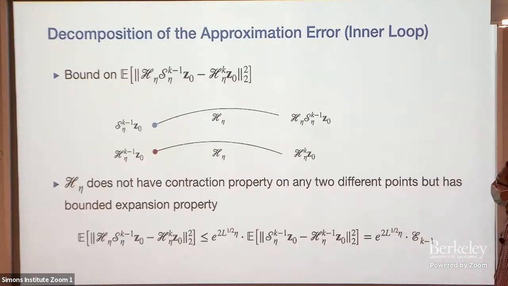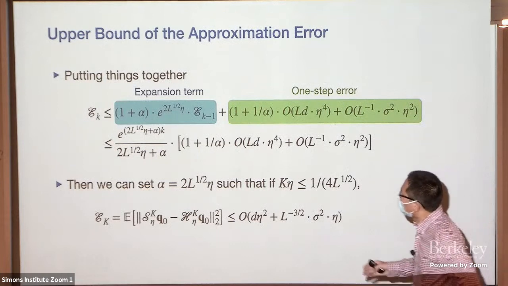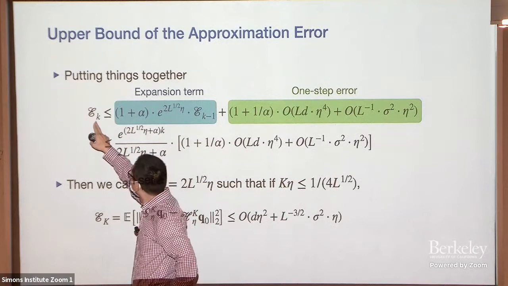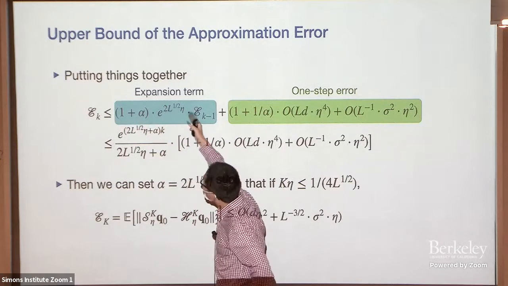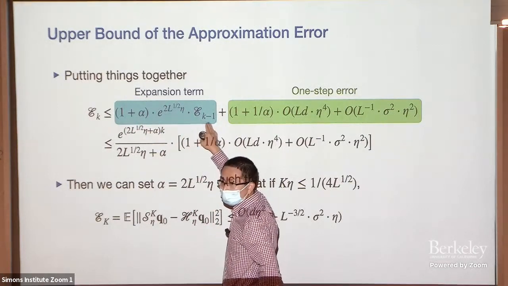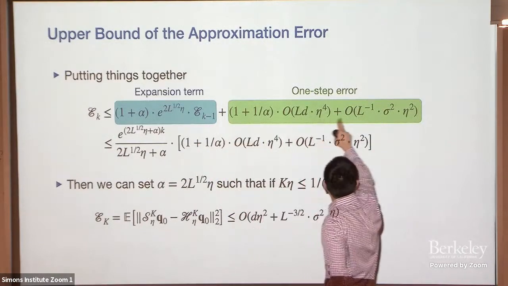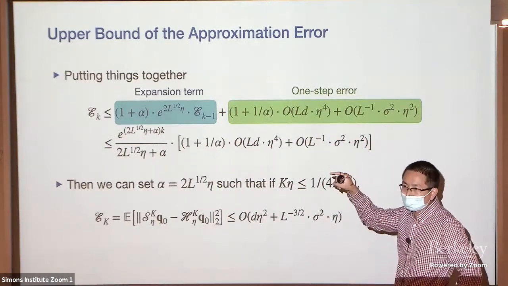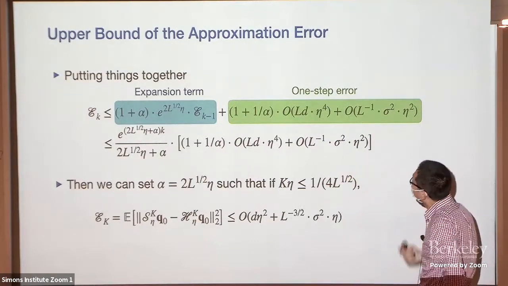By putting these several pieces together, the approximation error after K leapfrog integration steps is upper bounded by this expansion term, which depends on the approximation error after K minus 1 steps of leapfrog integration using stochastic gradient, plus this one-step error, which is the sum of the one-step approximation error, the one-step statistical error, and the one-step discretization error. Okay.